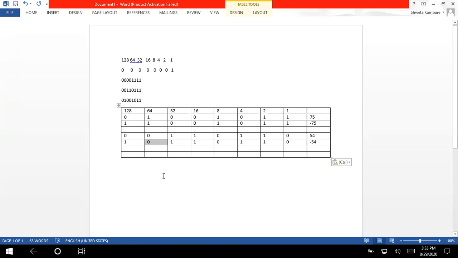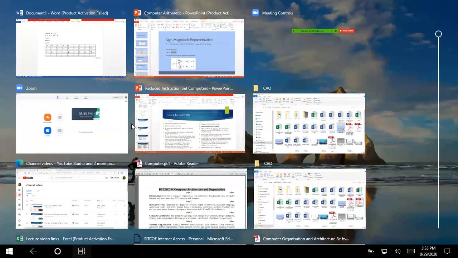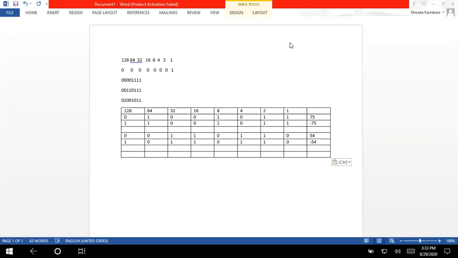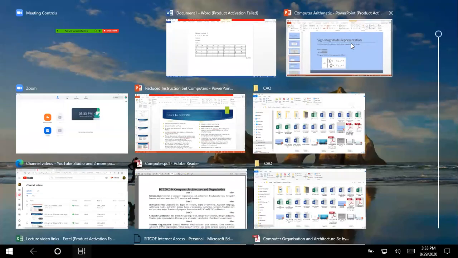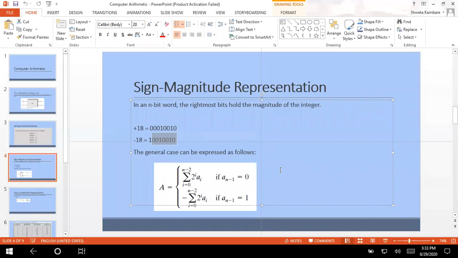So this is the method of integer representation, and its name is sign magnitude representation. I hope you have understood how we can use sign magnitude representation.